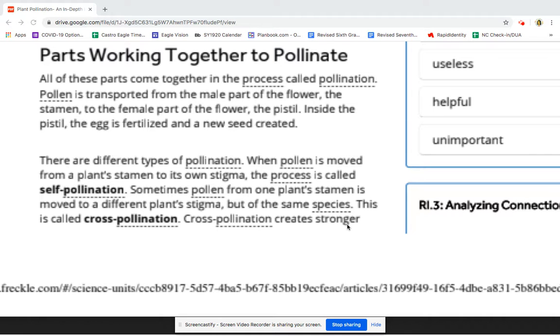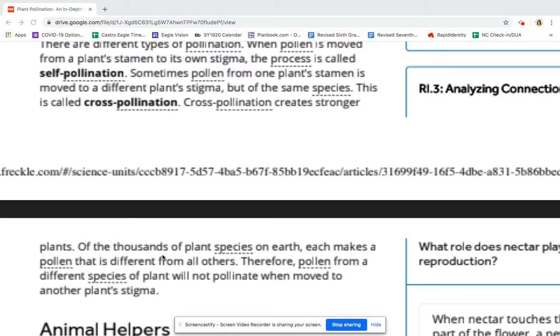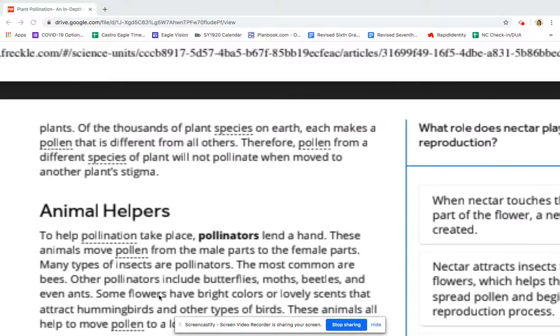Cross pollination creates stronger plants. Of the thousands of plant species on Earth, each makes a pollen that is different from all others. Therefore, pollen from a different species of plant will not pollinate when moved to another plant stigma.